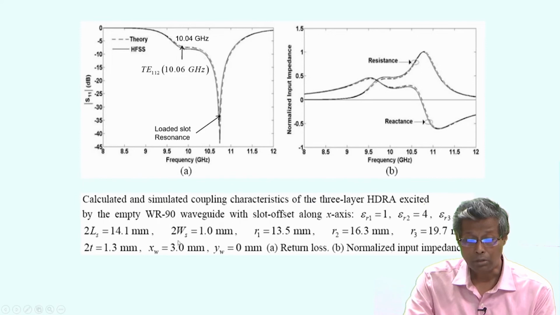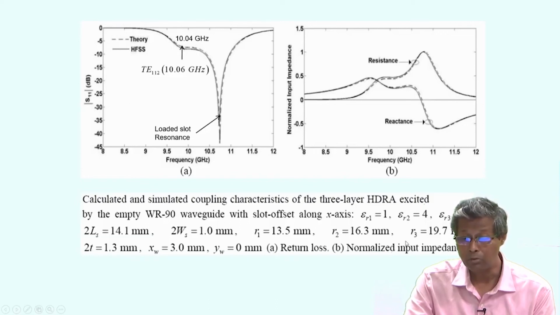The length and width of the slot are 14.1 millimeter and 1 millimeter respectively. R1 is 13.5 millimeter, R2 is 16.3 millimeter, R3 is 19.7 millimeter, with the ground plane thickness of 1.3 millimeter.